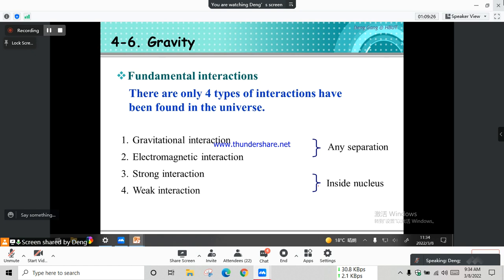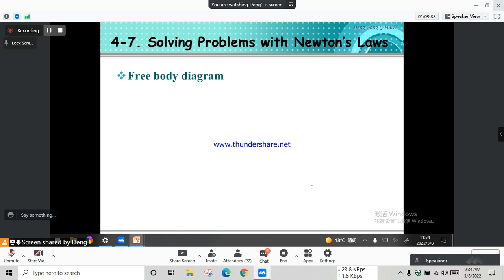There are 2 ways we sort the force into different types, but that's from different perspectives. In order to model a real problem, usually we need to use the free body diagram.